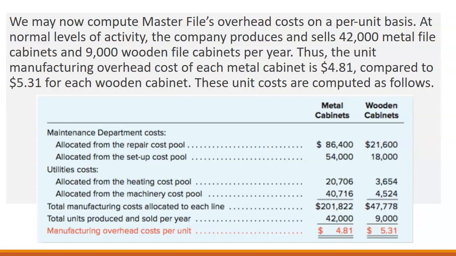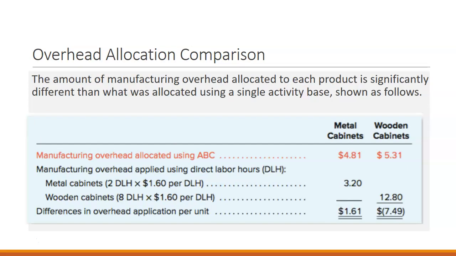How does that compare to the way that they were originally doing their overhead? Well, we see that here. So the manufacturing overhead that we just allocated using activity-based costing is $4.81 for metal cabinets and $5.31 for wooden cabinets.